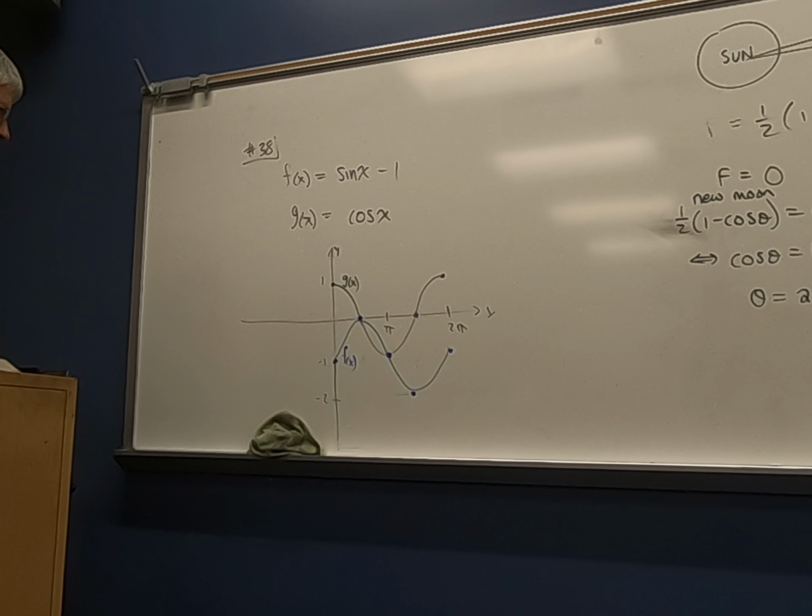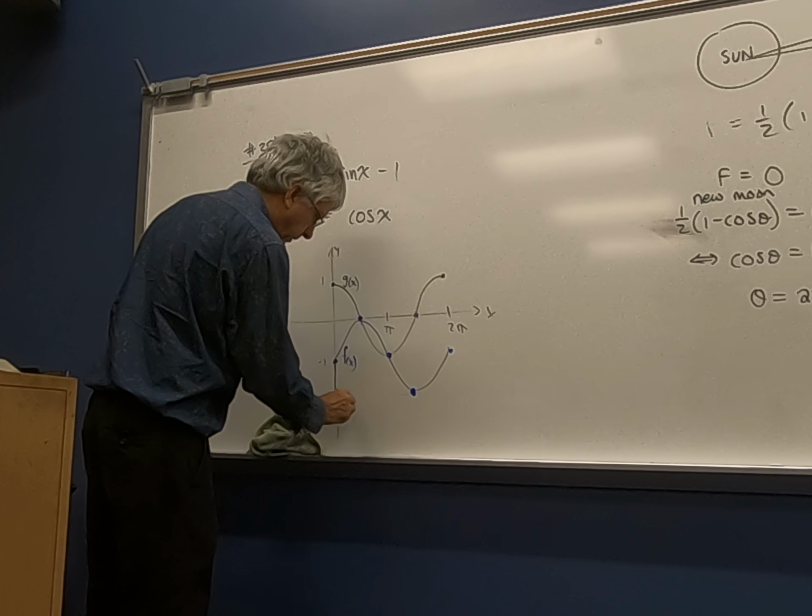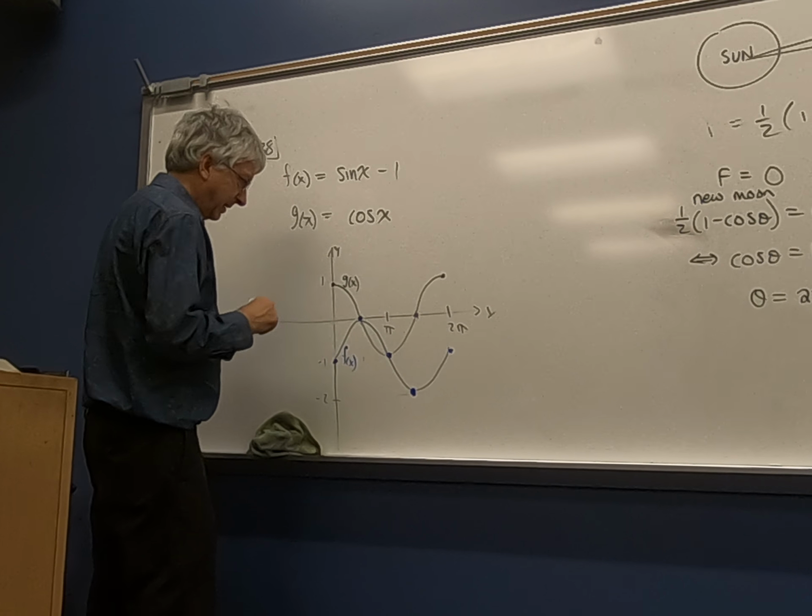So it's pretty clear from the graph that we have a solution at pi over 2 and a solution at pi. And then that's going to replicate. It's a little sloppy. But yeah.